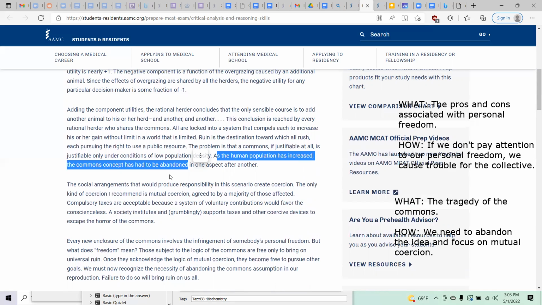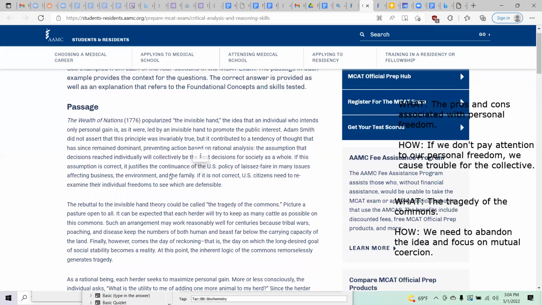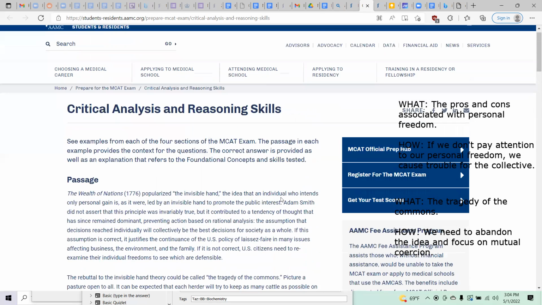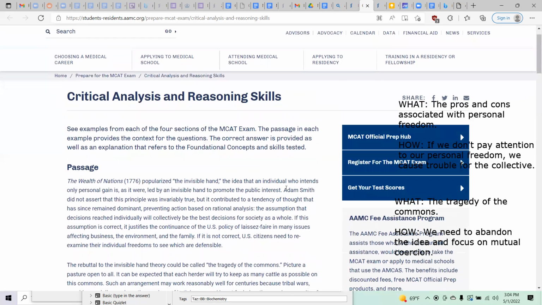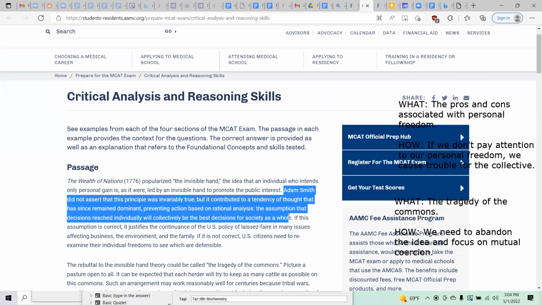Pretend like your highlighter is running out of ink and you can't just highlight willy-nilly. Honestly, pretend like you can only highlight maybe 5 or 6 words. And that is going to force you to choose the absolute most high impact things that are going to show up in the questions. Notice how there's absolutely nothing about Adam Smith.